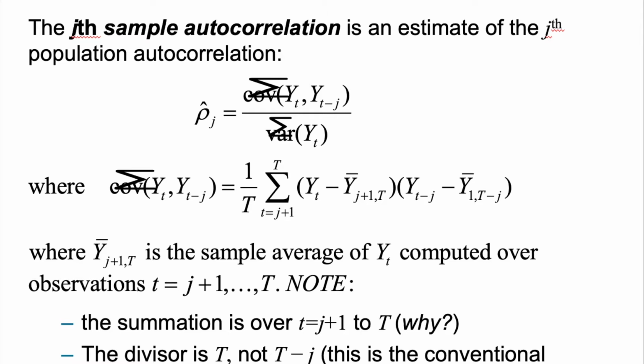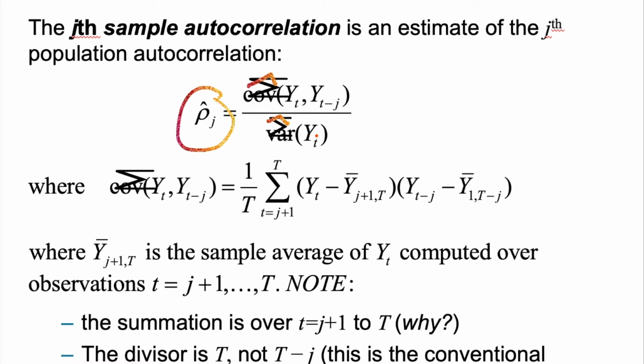We have some hats here to denote that we are estimating the population parameter using sample statistics. The jth population autocorrelation is estimated as the ratio between the covariance of yt and yt minus j divided by the variance of yt.